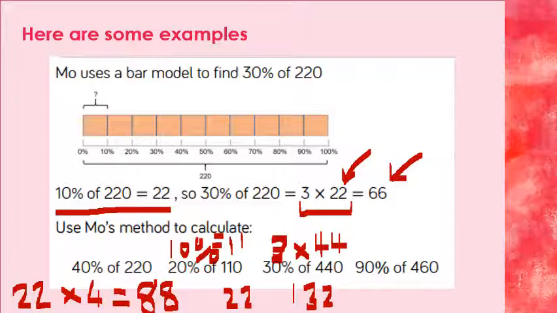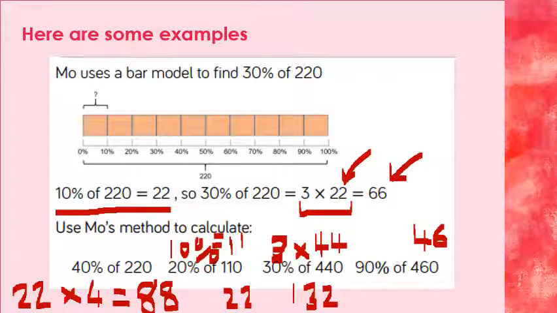And then finally, 90%. Now this one's slightly different. We could use our knowledge of what 100% is. 100% is 460. And then we could find 10% like usual, which would be 46, because we would divide 460 by 10.